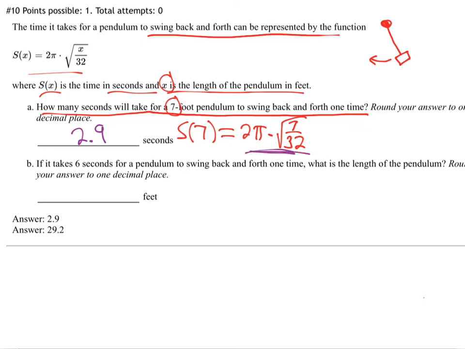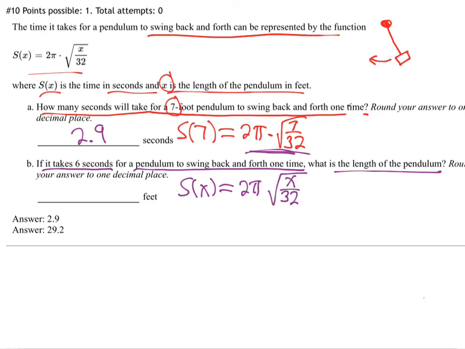Now the next question is going to be more tricky. If it takes 6 seconds for a pendulum to swing back and forth one time, what's the length of the pendulum? So we're using the formula again. S of x is 2 pi times the square root of x over 32.